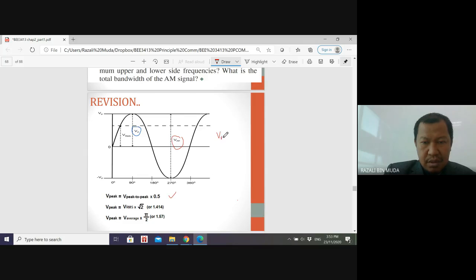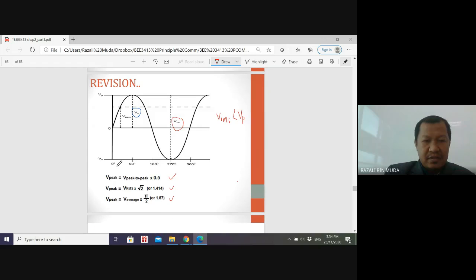You must remember, VRMS must be less than Vp. Okay, Vp equals V average multiplied by pi over 2. So Vp is V average multiplied by pi over 2. This is the revision for sine wave.